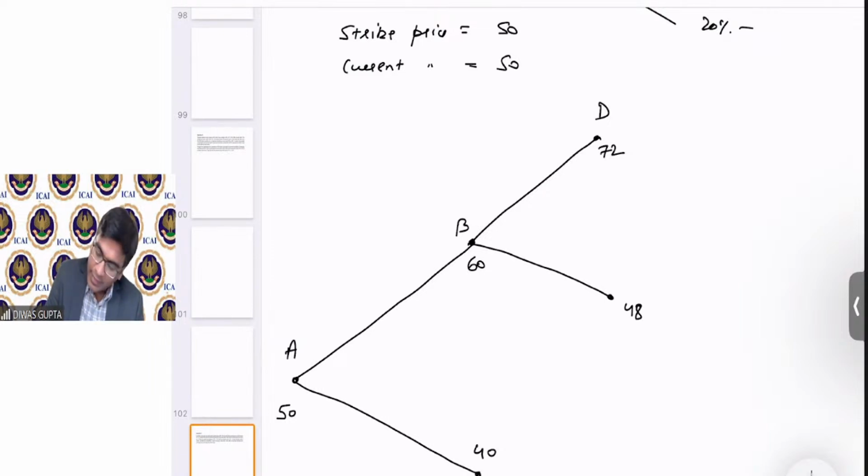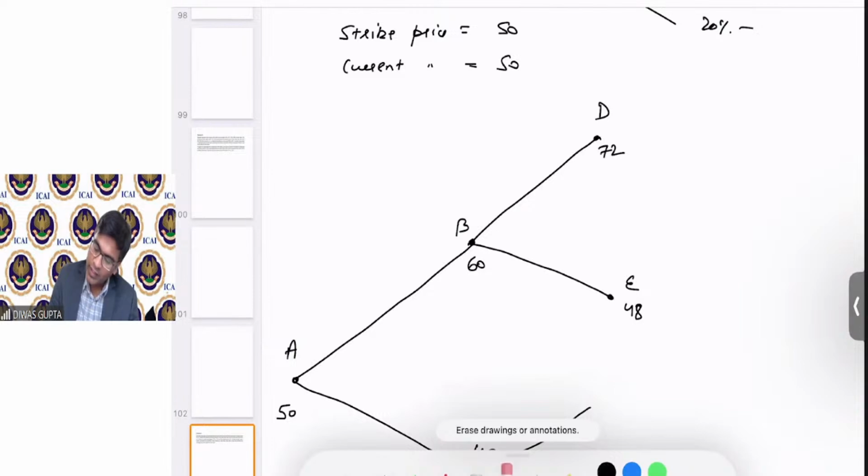This is D and then E. Okay. And then again 40 plus 20% of 40, which is 8. It can go to actually 48 itself. So those nodes we can merge actually.